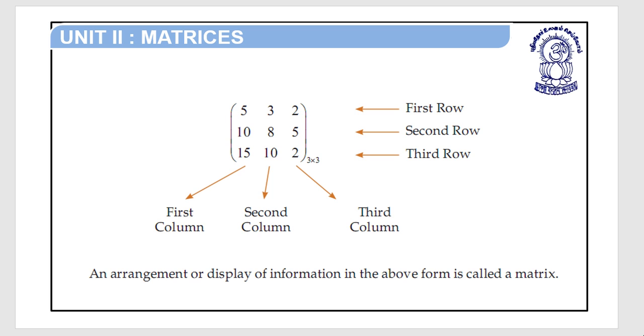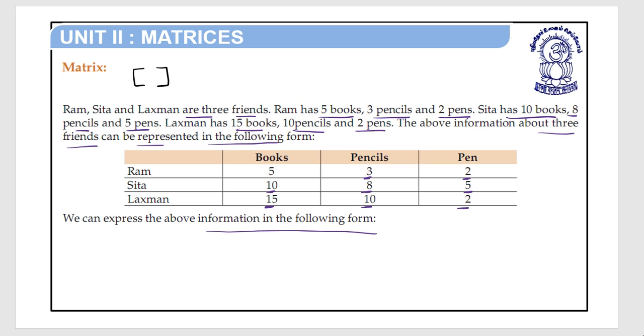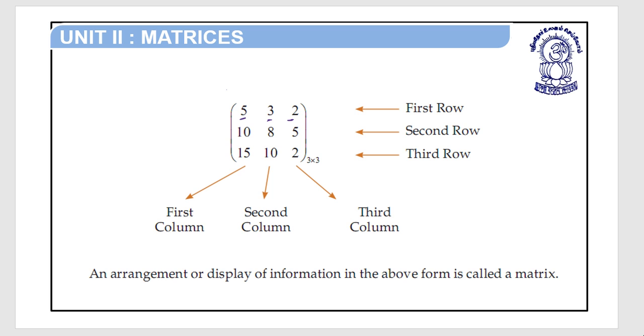So, in the rectangular array, arrange these 5, 3, 2 means books, pencils and pen. 5, 3, 2, 10, 8, 5 and 15, 10, 2.